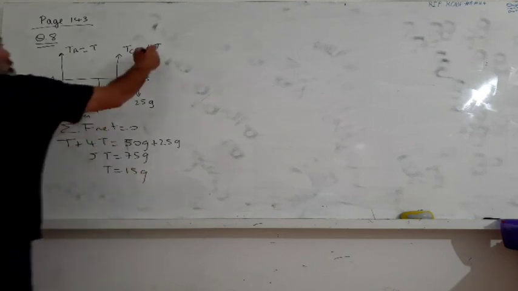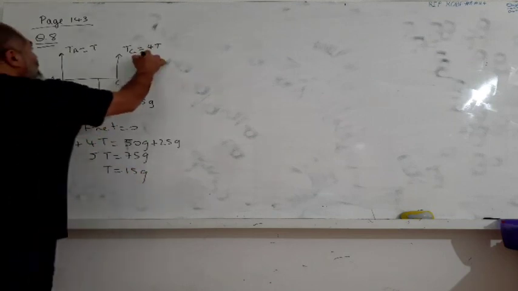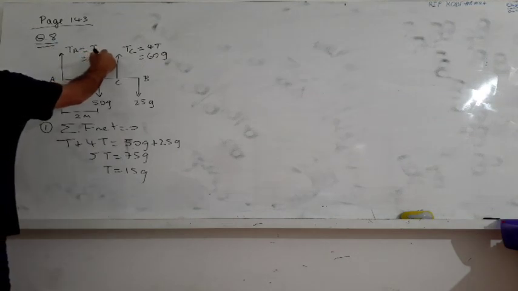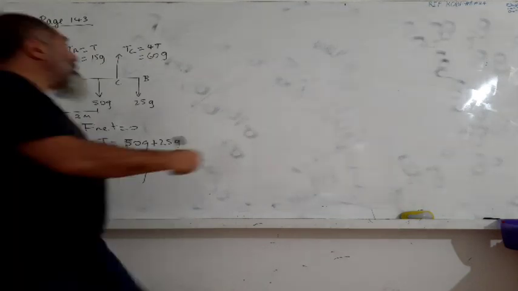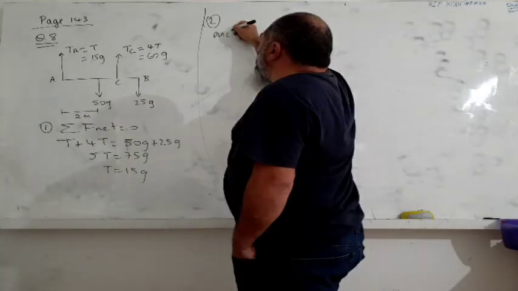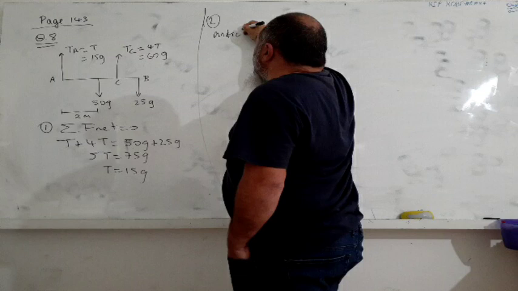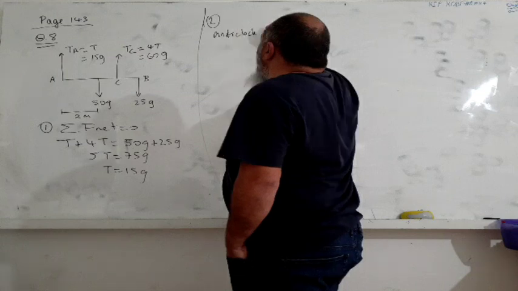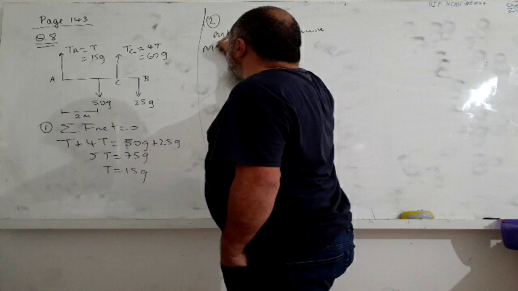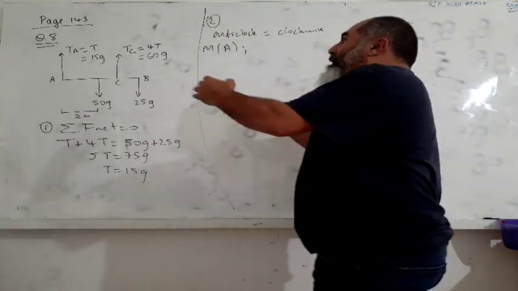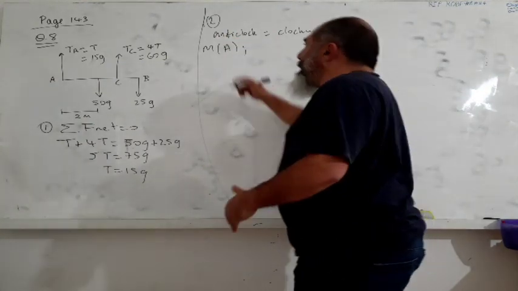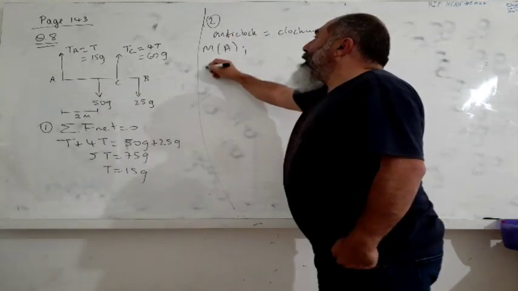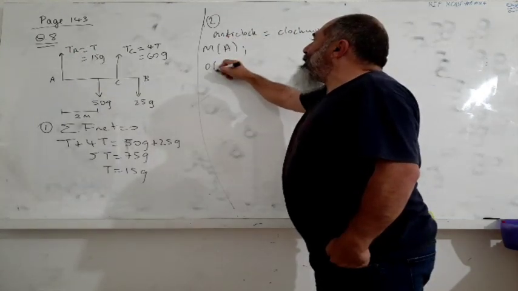And apply the second rule, anti-clockwise moments must be equal to clockwise moments. So moments about point A, we have 2 upward forces trying to turn the rod AB in anti-clockwise direction, but the distance of TA from A is 0, 0 times 15G. We have another one there, and call the distance from A to C X because it is unknown.